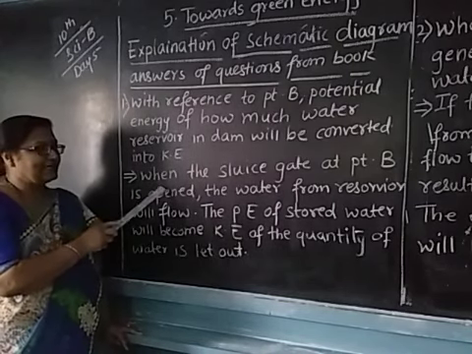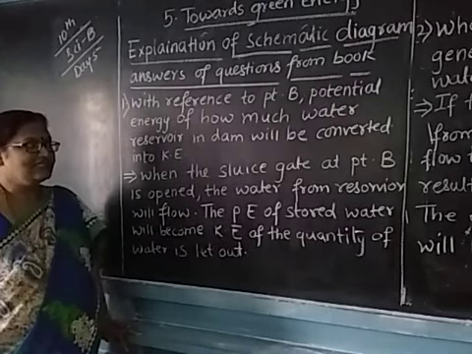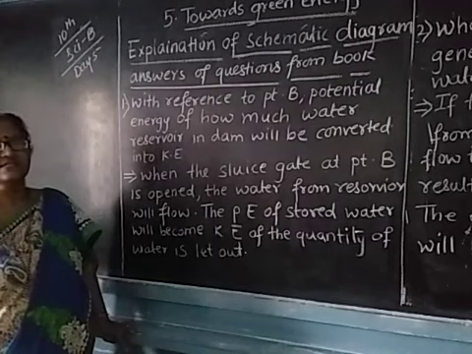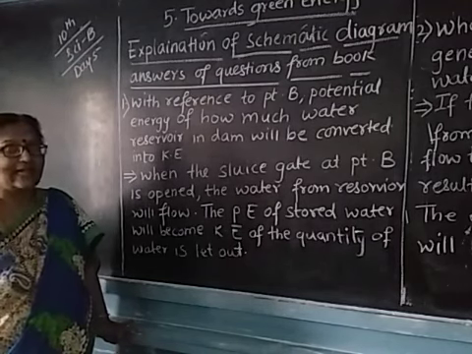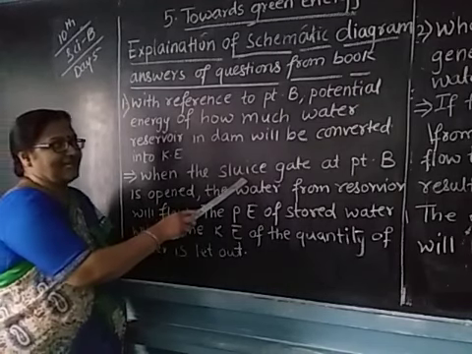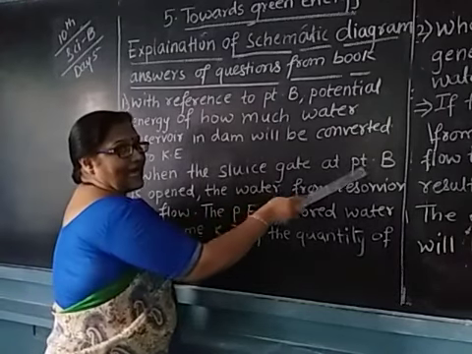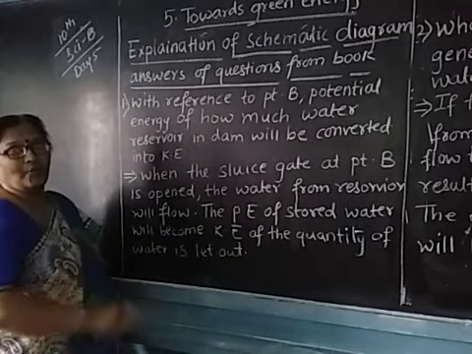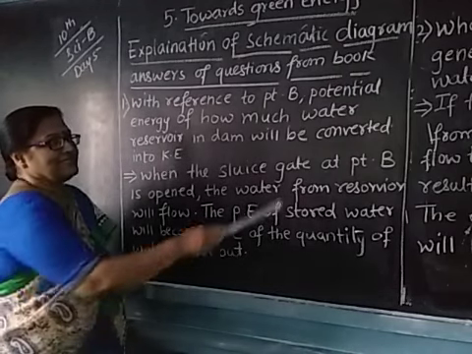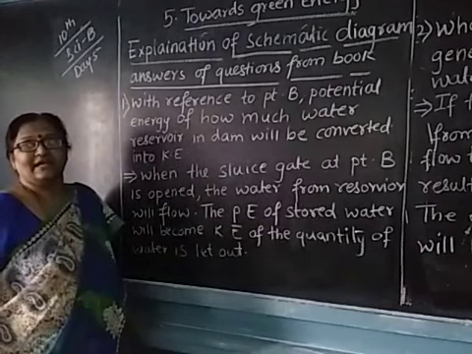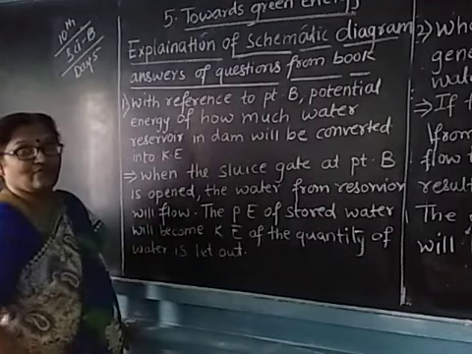Now the answer to that is, when the sluice gate is open, that means whenever the dam is filled, the water is let down. At that time the gates are open. These are the gates to let the water outside. The sluice gate at point B is open. Whenever there is more water, at that time these gates at point B are open, and the water from the reservoir will flow.